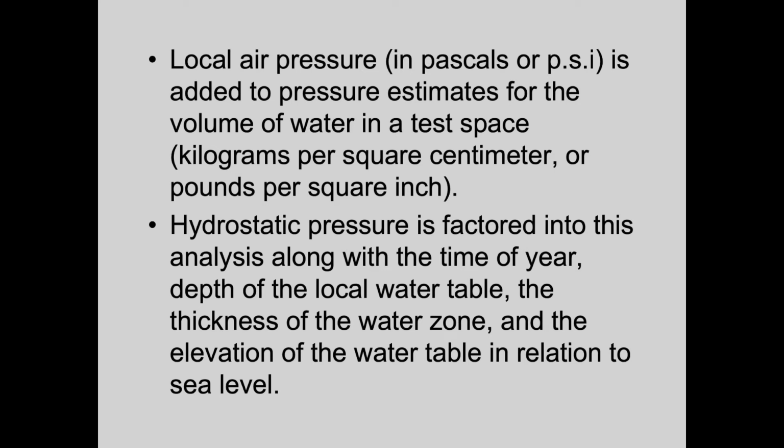So we have air pressure, and we need to add to this pressure estimate the overall measure of how much water is within the area that we are studying. So we have air pressure, and then we have a ratio that initially we will use as we assess how rapidly a karst topographic environment is developing.